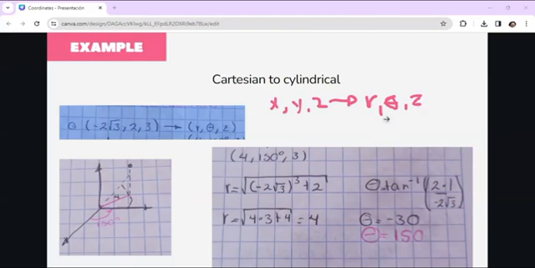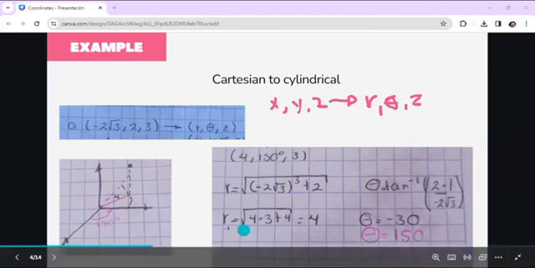We have r is equal to the square root of (negative 2 root of 3) squared plus 2 squared, which is equal to root of 4 multiplied by 3 plus 2, which is equal to 4.